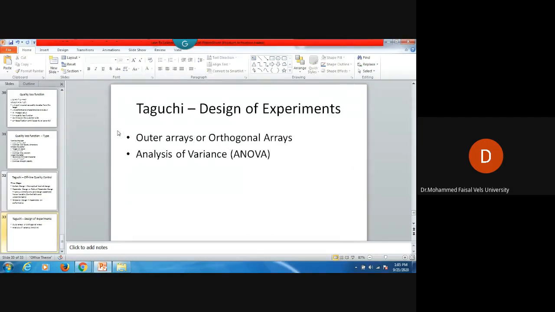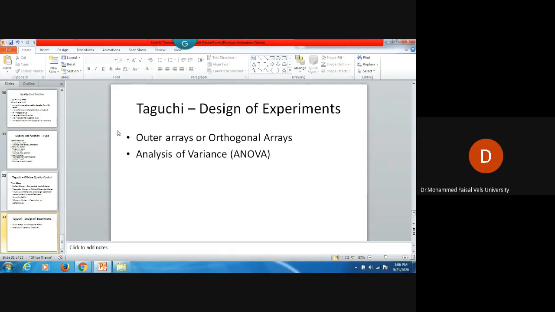Another important concept is the signal-to-noise ratio. It is not a new one, but a traditional design of experiment which came from statistical concepts. You would have studied ANOVA, and the same concept is taken from that. But I don't want to go deep and confuse you; I want you to remember at least some key terms related to Taguchi.